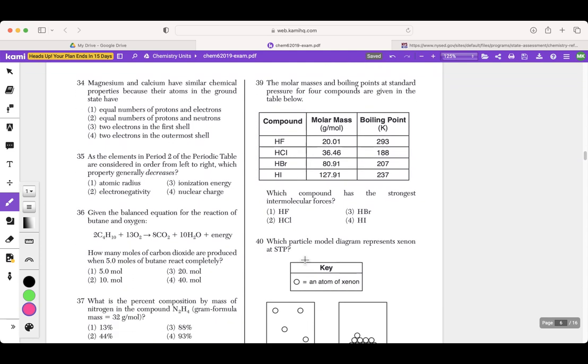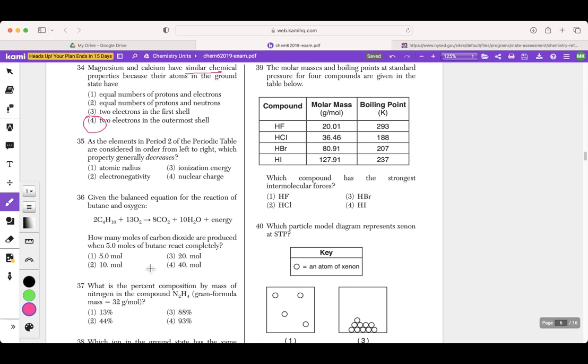34. Magnesium and calcium have similar chemical properties because their atoms in the ground state have blank. If they have similar properties, it's all about the valence electrons. So we're looking at 4, outermost shell valence electrons. 35.